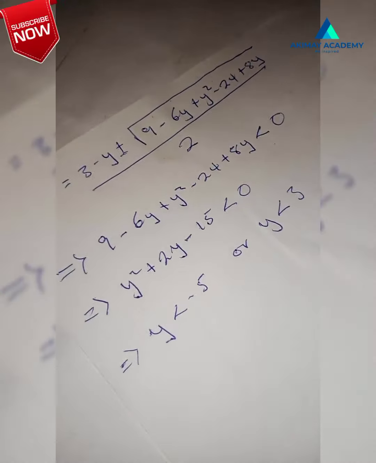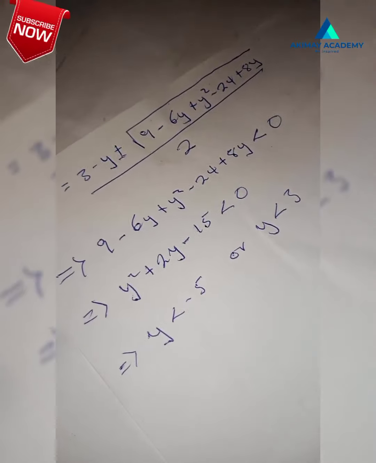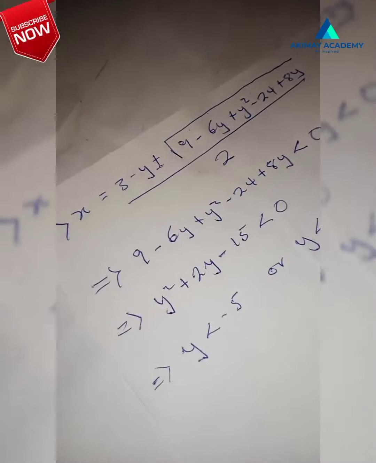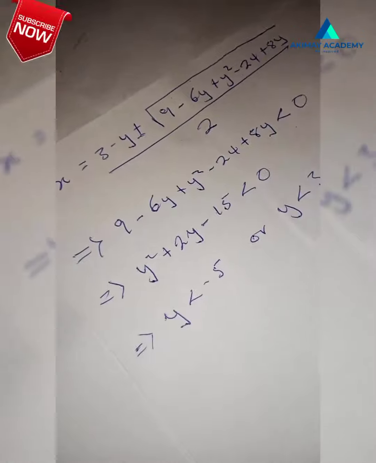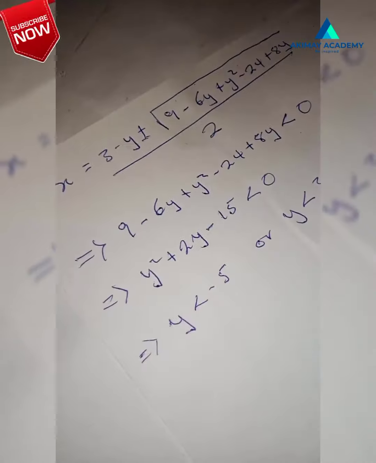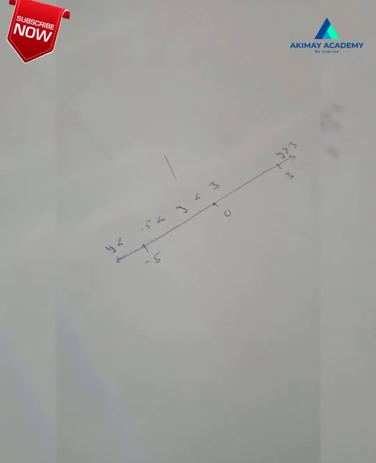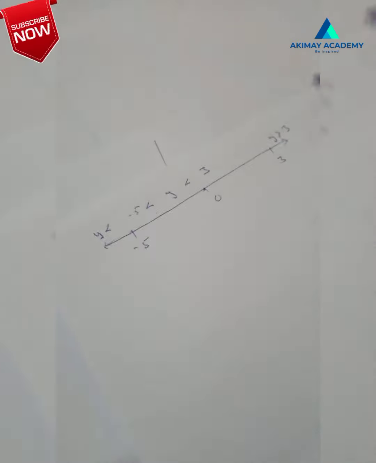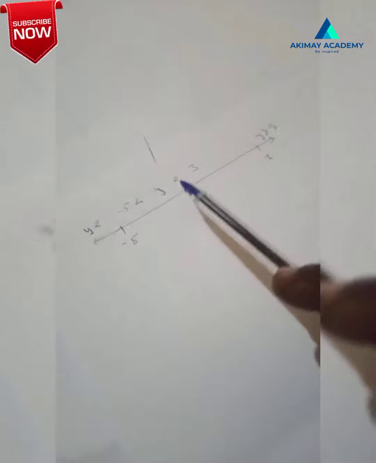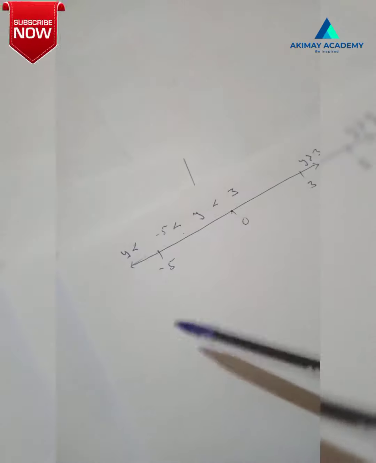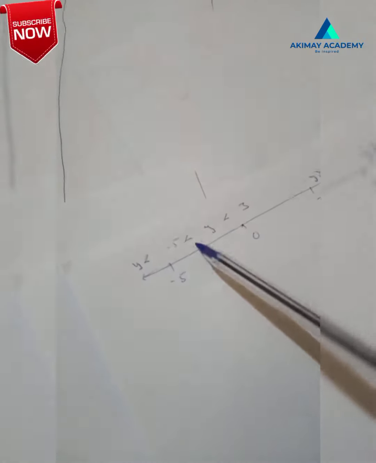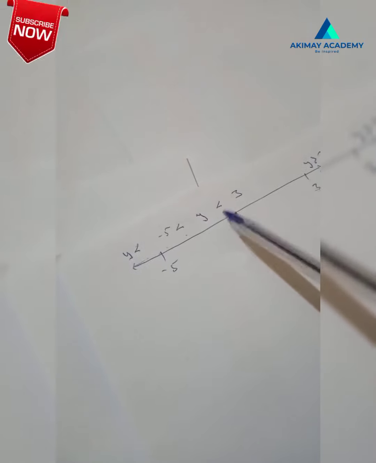From here we draw the number line to look out for the actual values which will satisfy the inequality. From this number line you could see that the range which satisfies the inequality is minus 5 less than y less than 3.